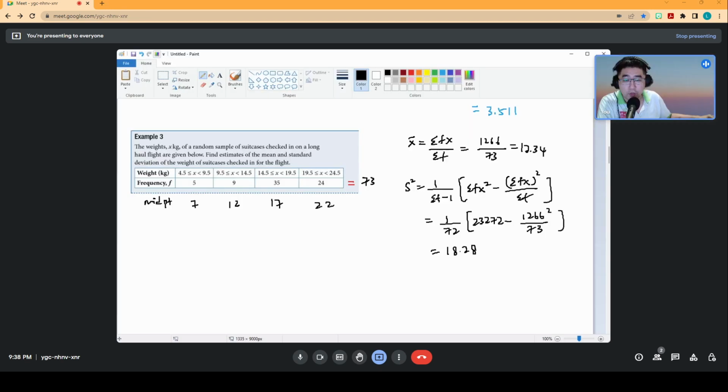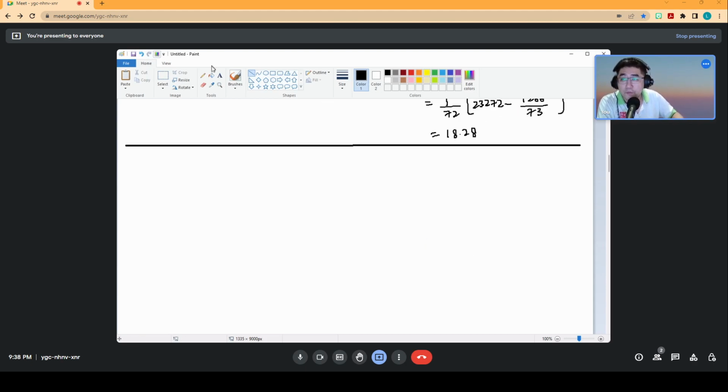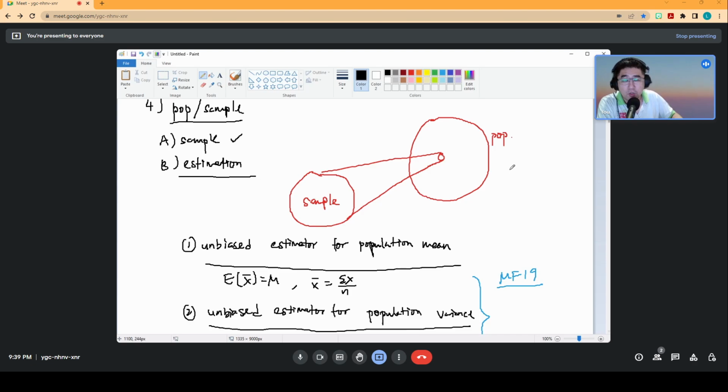Okay, so you need to learn something called confidence interval, CI. Although we are using a sample to estimate for the population, the result that I get will have a certain interval.